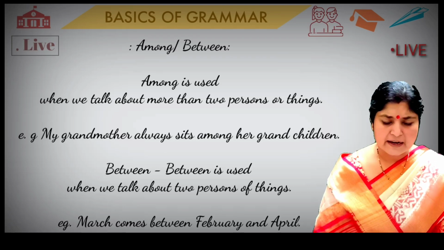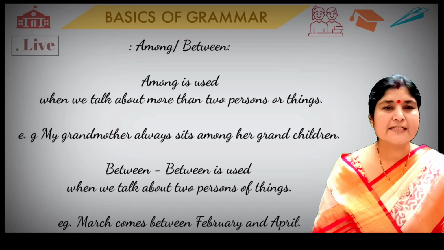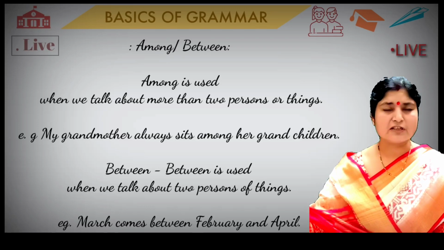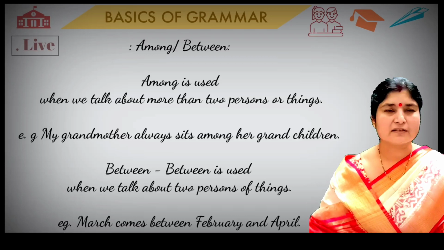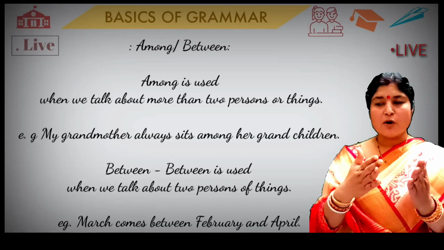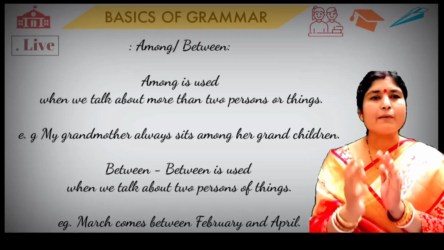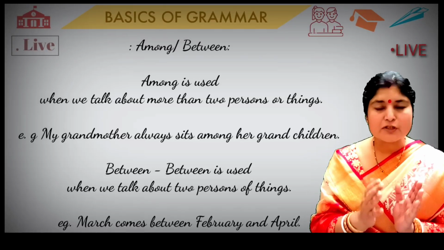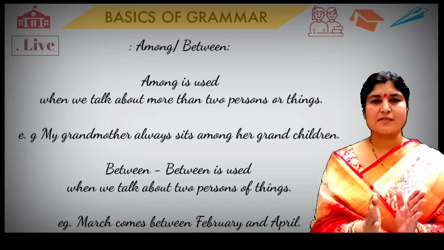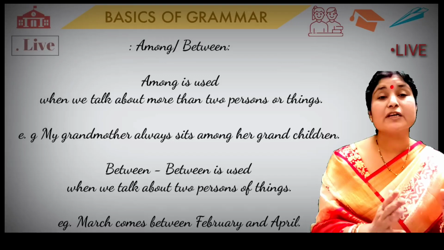But my grandmother always sits among her grandchildren. So when we talk about more than two persons or things, we use among. But when we talk about only two persons or things, we use between.